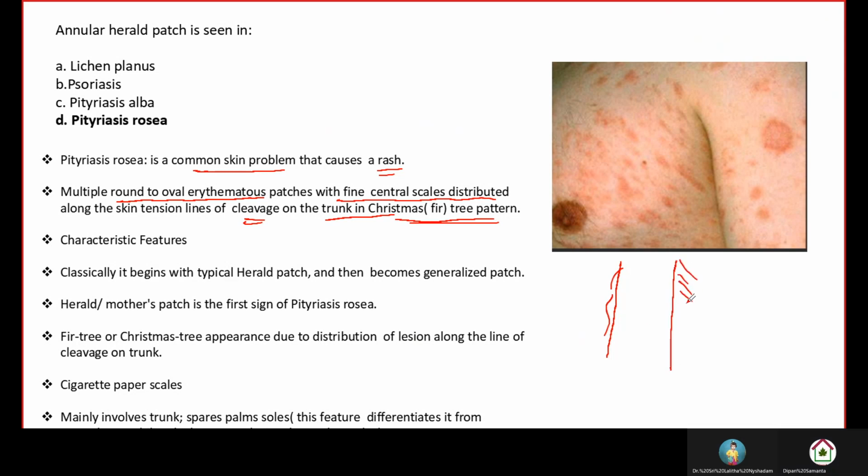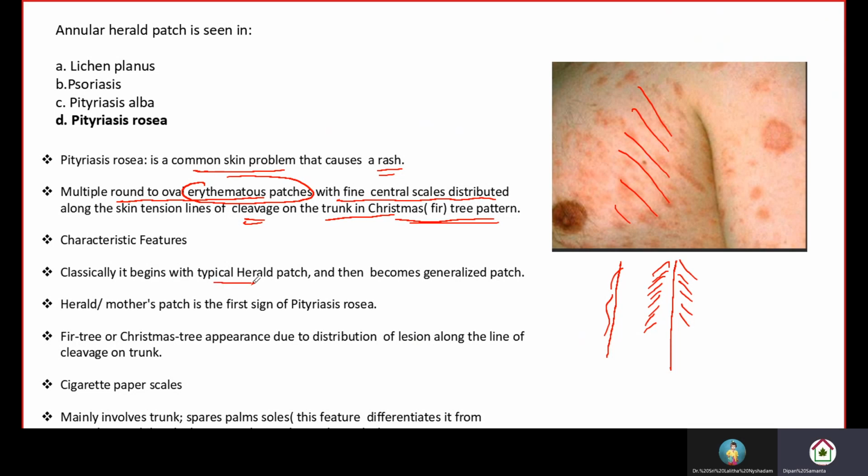So the lesion is like this. The pattern is like this. Christmas tree or fir tree pattern. Multiple round to oval erythematous, reddish patches with fine central scale.